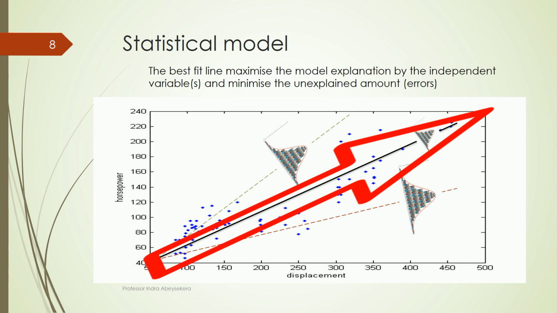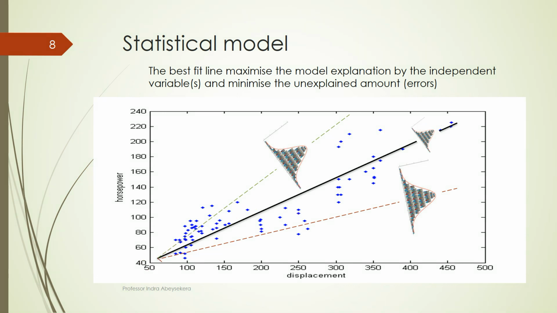But if we draw a line that does not minimize, then we are decreasing the explained amount and increasing the unexplained amount. So the distances of the outcomes from such a line would be much greater. Unexplained amounts would be much greater.